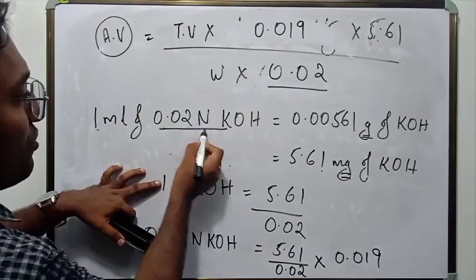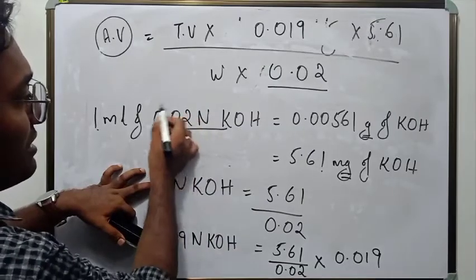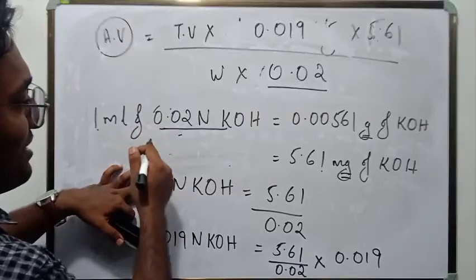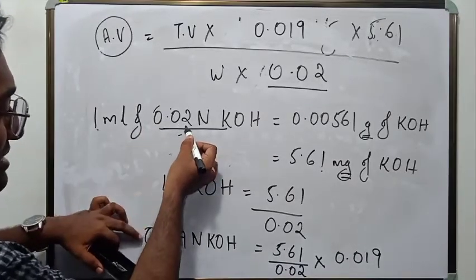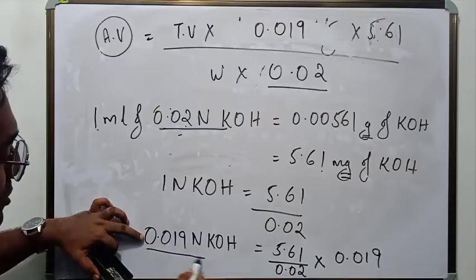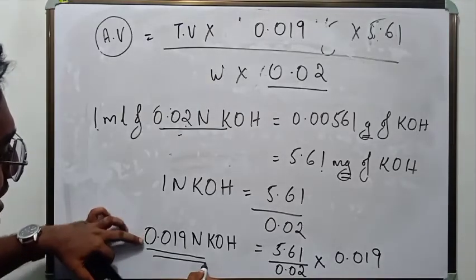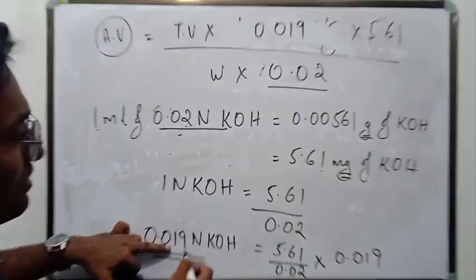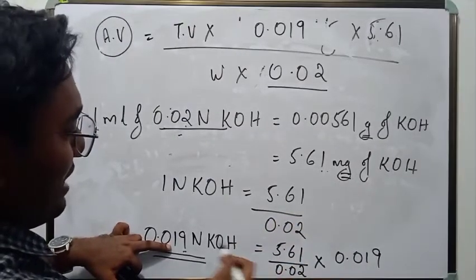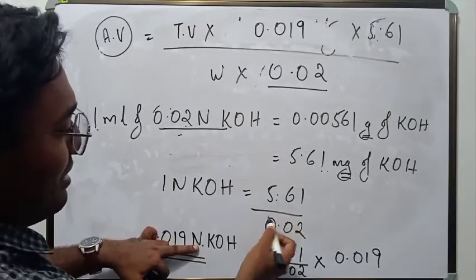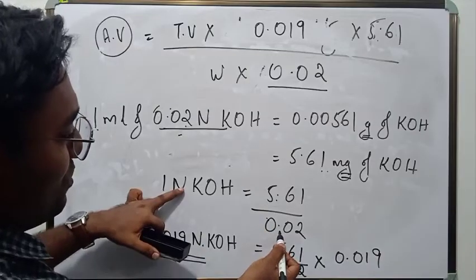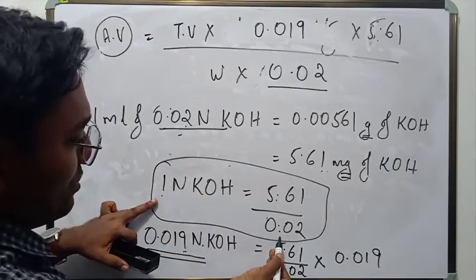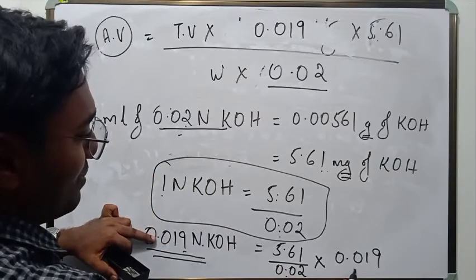If your strength is not this, then what would happen? That is the question. Today my strength is this much, because I am human and I make errors. After standardization, I found that the strength is this much only. Then you can find how many mg there are by dividing by 0.02 and multiplying with whatever normality you have got.